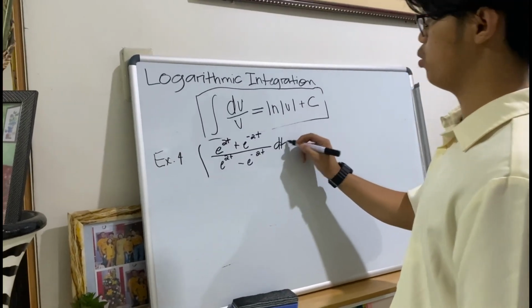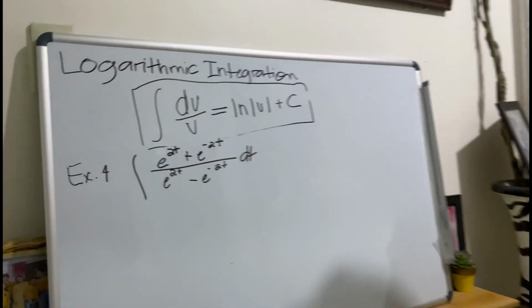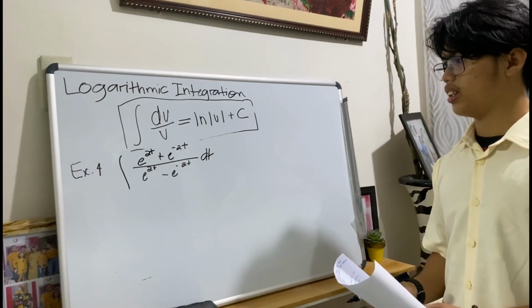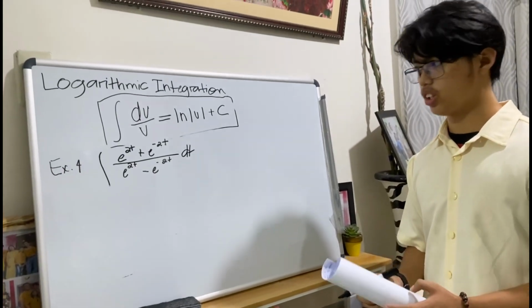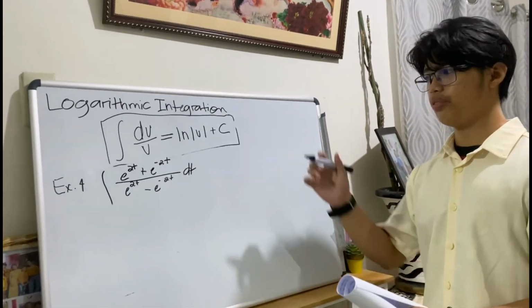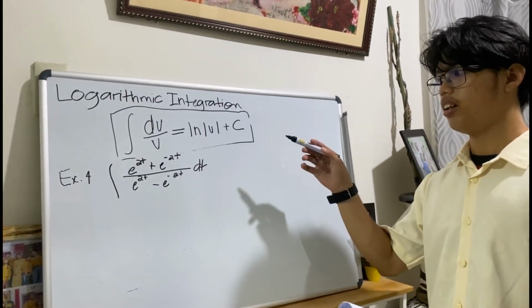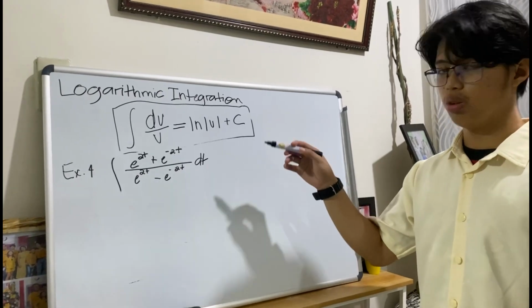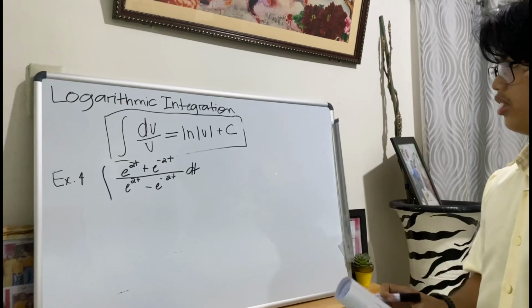So how do you solve this problem? This problem is a trigonometric hyperbolic function. So if we just follow the process of how we solve the problem, we can get the answer.